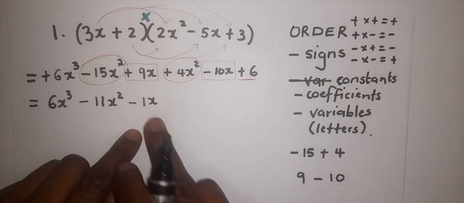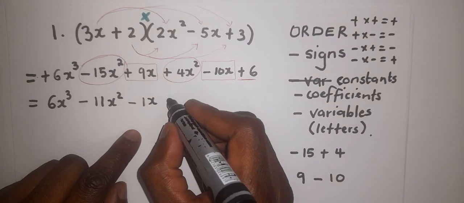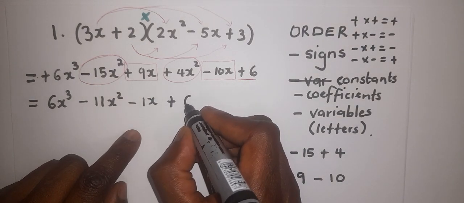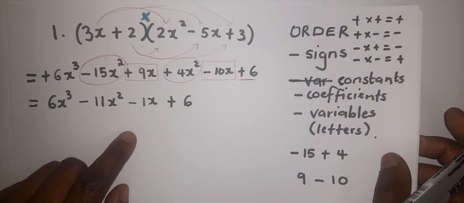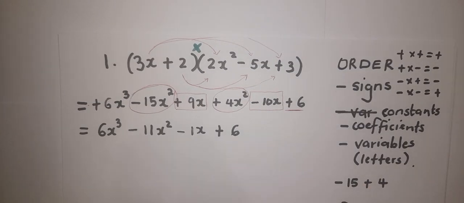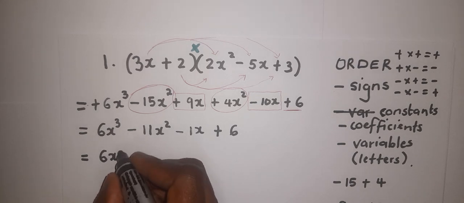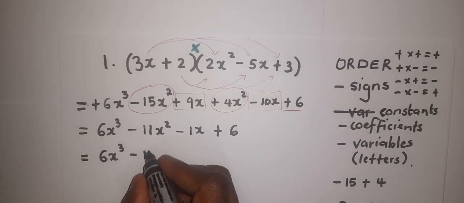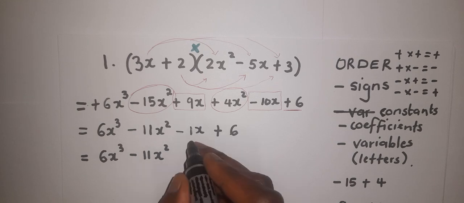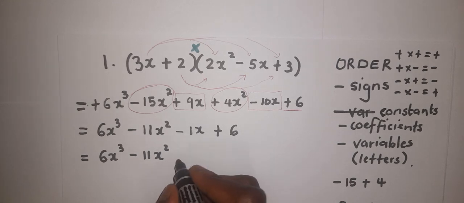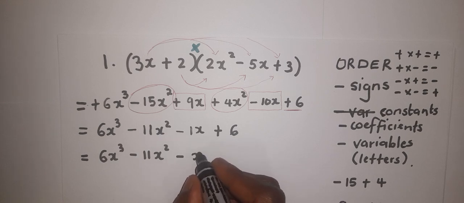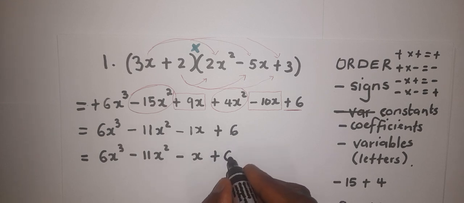Right, and then the last one, we see that the 6 goes alone, so we have it as positive 6. We bring it down together with its sign. So in a nutshell, this simplifies to 6x cubed minus 11x squared. And then you can write this term without the 1, because the 1 is always invisible in mathematics, so negative x plus 6.